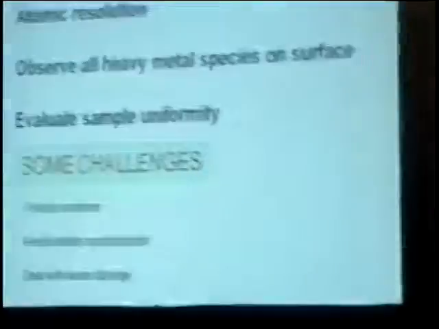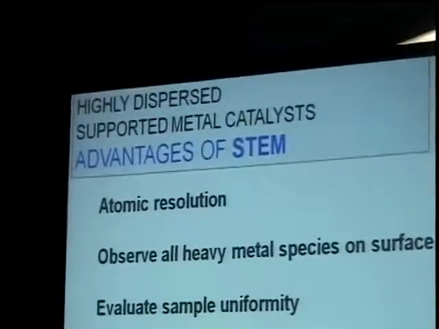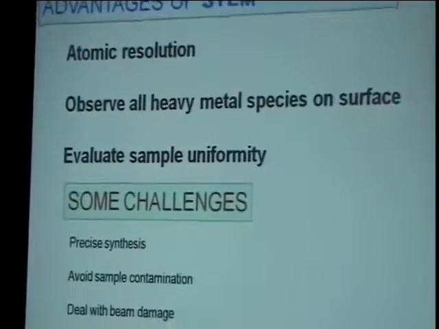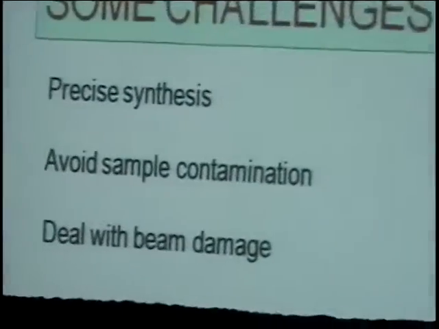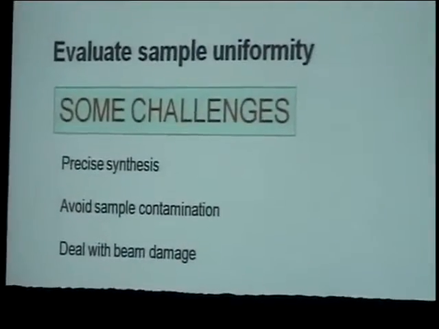So the technique I'm going to talk about the most, the one that's helped us the most, is scanning transmission electron microscopy, aberration-corrected microscopy. This is a field that's really revolutionizing the investigation of catalysts, I think. We're now able to see metal atoms, heavy metal atoms on supports, and that's kind of the gist of the story that I'm working on.